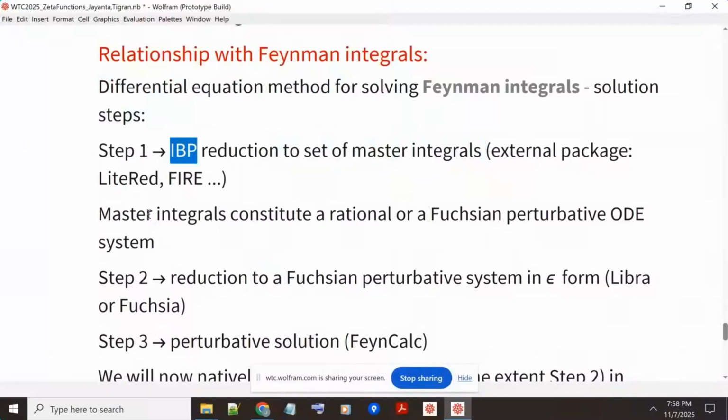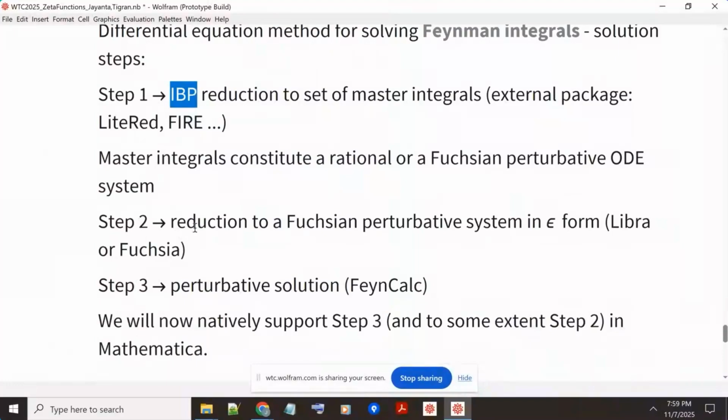Those master integrals constitute a rational or a Fuchsian perturbative ODE system. Now in step 2, we reduce that system to a Fuchsian perturbative ODE system in epsilon form. Epsilon form means that we can fully take the epsilon out of the matrix.